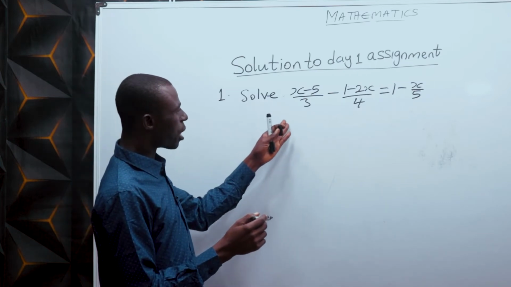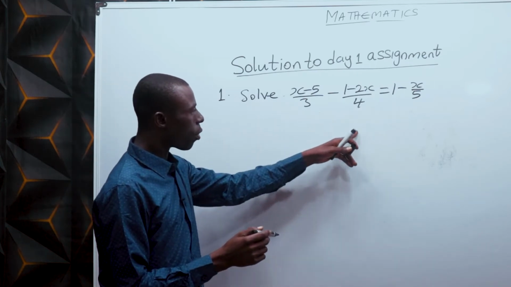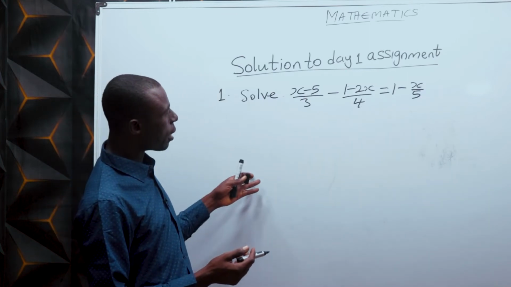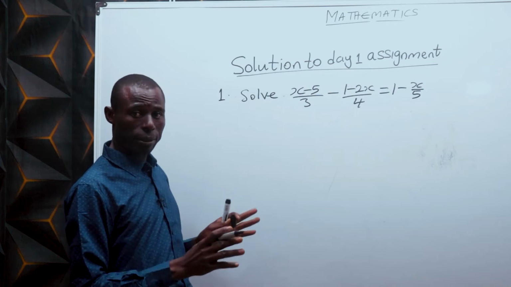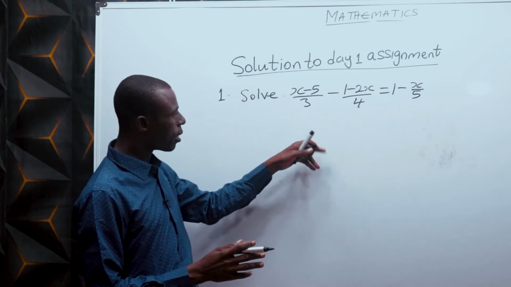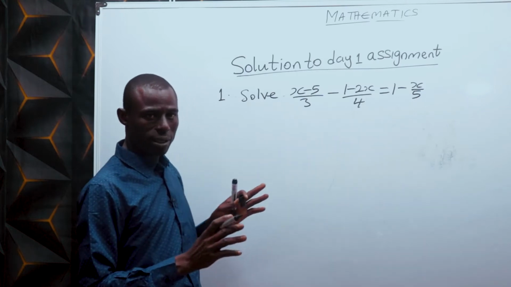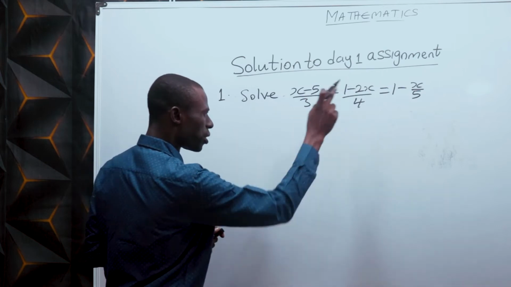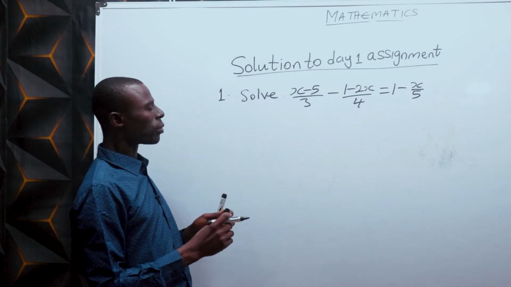What is the LCM of 3, 4, and 5? The LCM there is 60. You take that 60 to multiply each term in the equation.